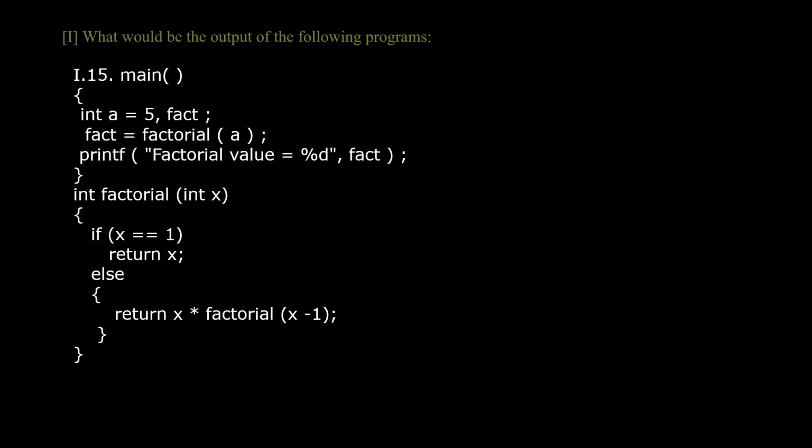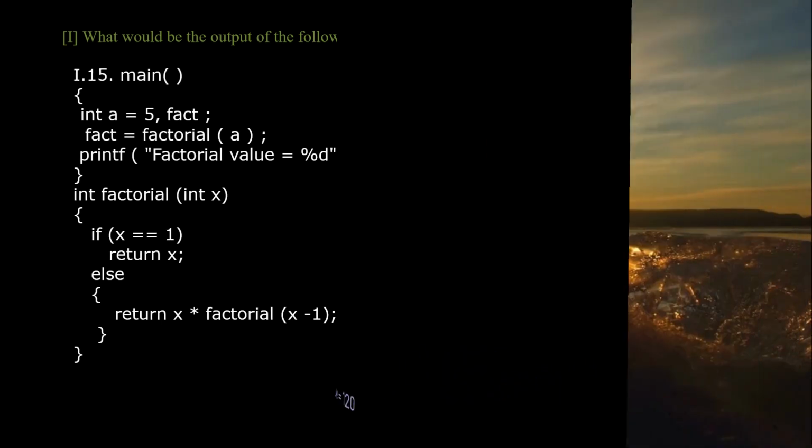So this goes until x is equal to 1, and if x is equal to 1 we just return 1. So here the output would be 5 into 4 into 3 into 2 into 1, which is 120. So it is the factorial of 5. There is no error in this function and the output will be 120.